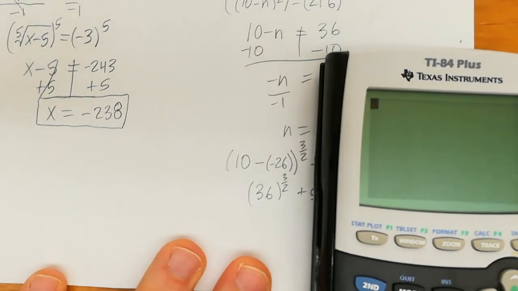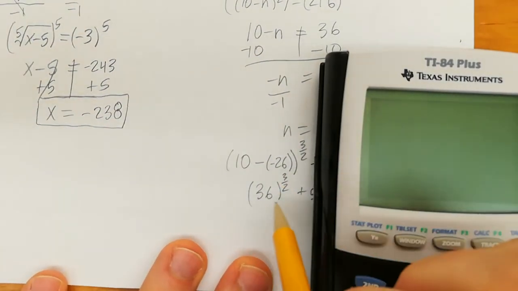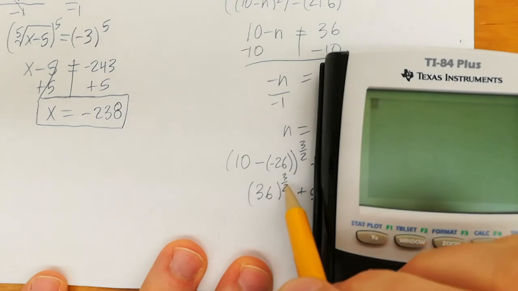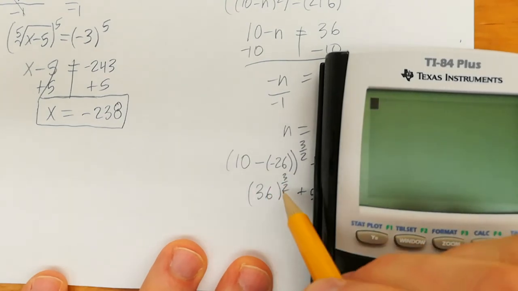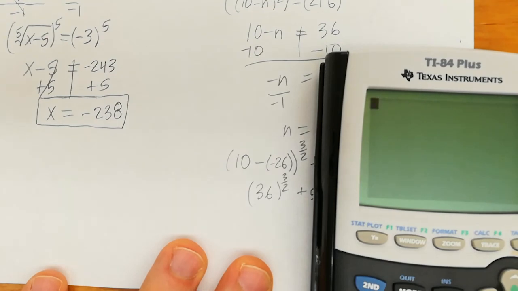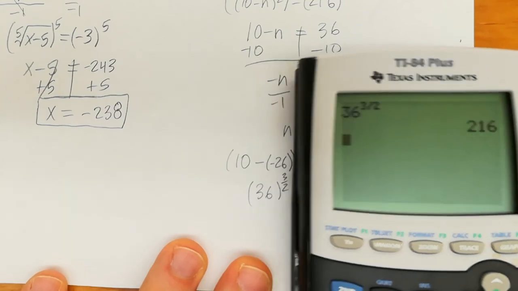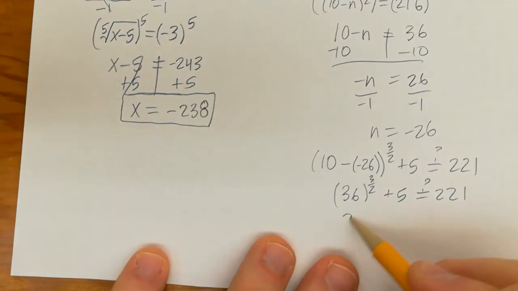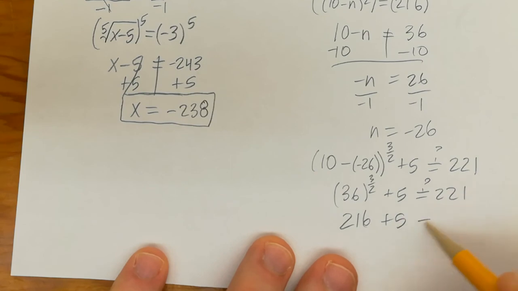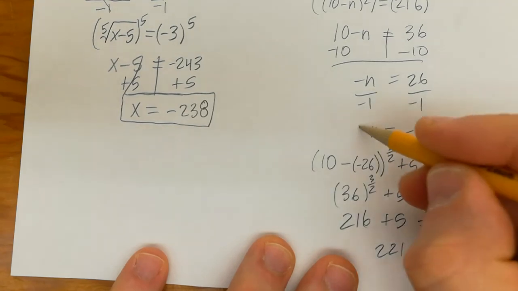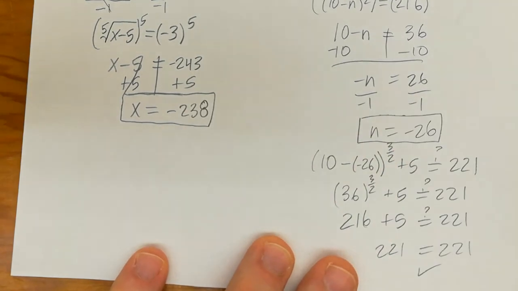So yeah, if you think of this like 36 to the 3rd power, the square root of that. The square root of 36 to the 3rd power is one way to think about that. But I'm just going to let the calculator handle that. So 36 to the 3/2 power, and we end up with 216. And then we add those up, and it works out. So that is not an extraneous solution, so we are good to go. All right.